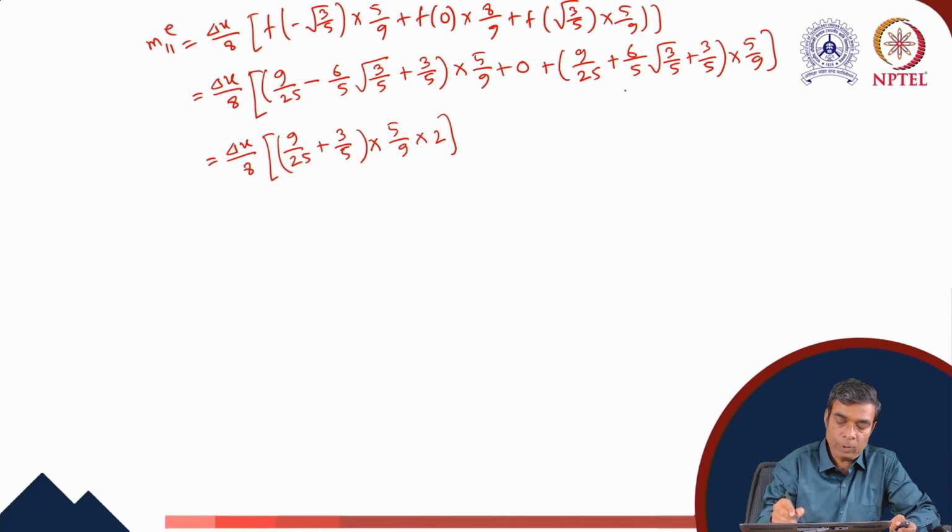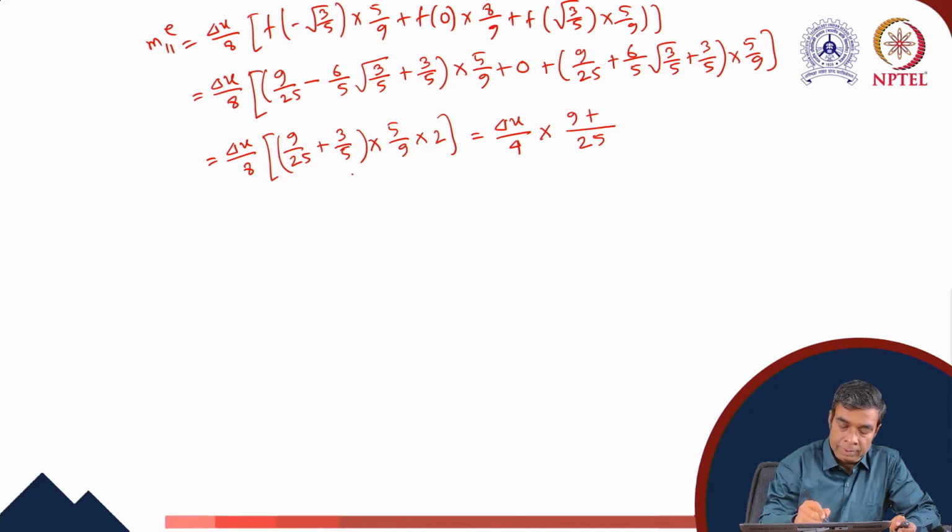Then we have the same quantity, 9 by 25 plus 3 by 5 whole multiplied by 5 by 9, 2 times. This gives us delta x by 4 into 25 at the bottom, 9 plus 15 into 5 by 9.